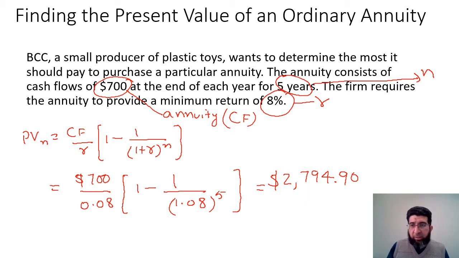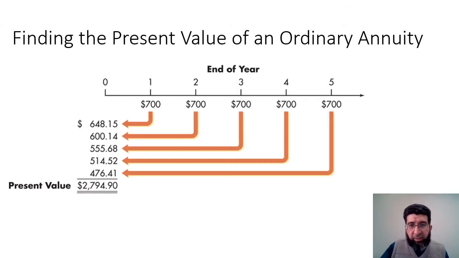Let's look at the timeline. Timeline is a little bit different, and you can see again it's the end of the year. So we have number of years given here, 0, 1, so it's the end of year 1, end of year 2, and so on, and it's end of year 5.